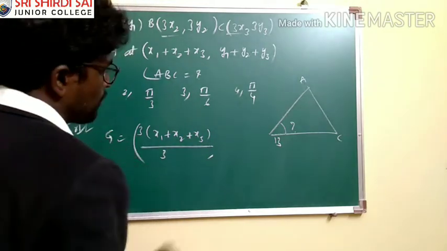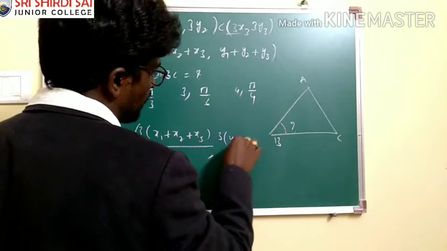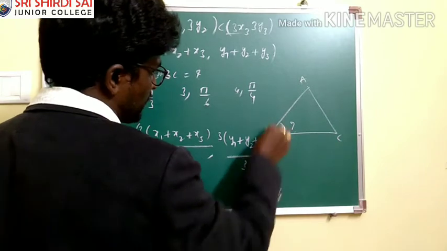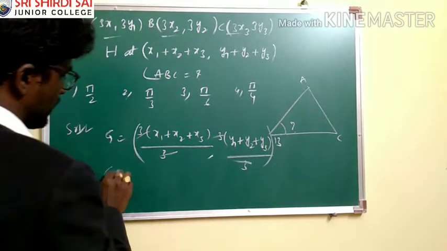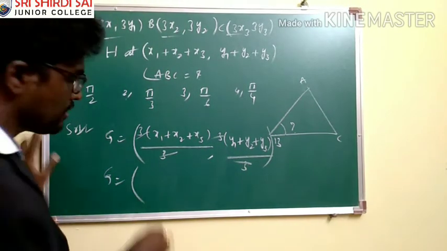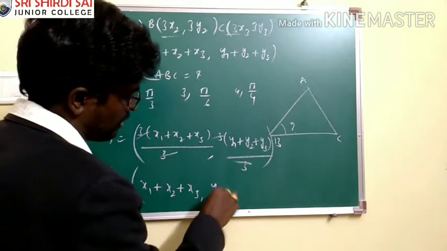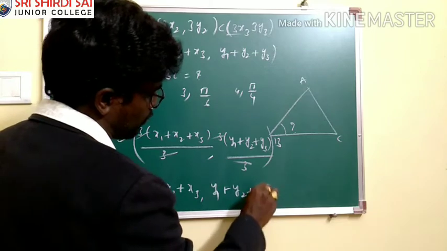Similarly, for the y coordinates, again 3 is a common factor: y1 plus y2 plus y3 by 3. The 3 gets cancelled. Centroid is equal to (x1 plus x2 plus x3, y1 plus y2 plus y3).